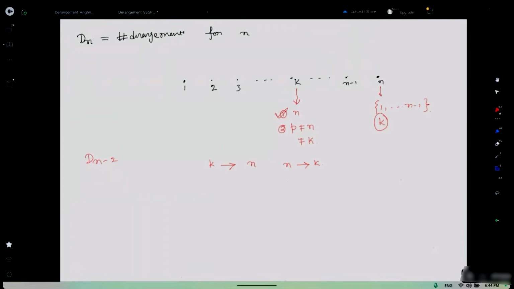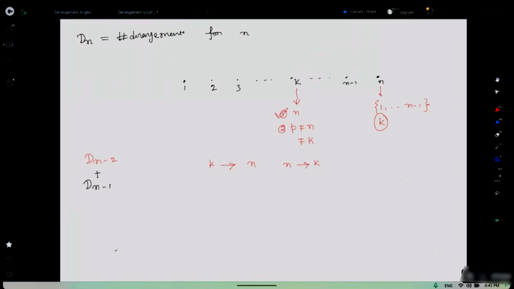And for the second case, if the kth place is not having n, then we should consider all the derangements for the first n minus 1 places, and that is also a derangement count, dn minus 1. So by the addition rule, there are two ways, and the total number of derangements should be dn minus 2 plus dn minus 1.